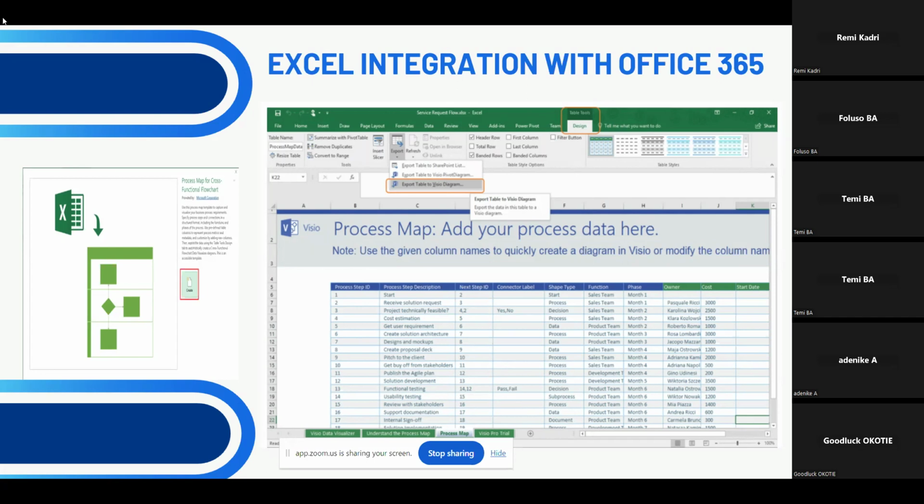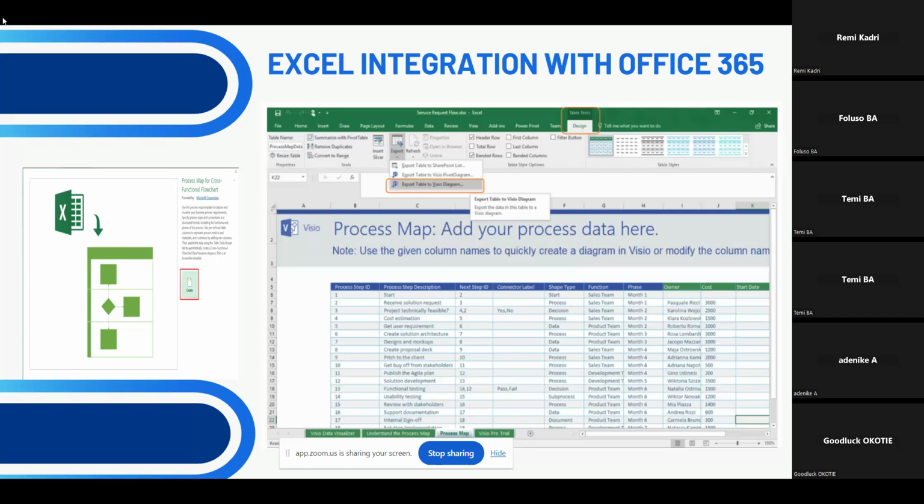Excel, obviously Visio is Microsoft, and Excel, Word, PowerPoint, they're all their products as well. So they've done it in such a way that you can use an Excel template and put in the different steps, and it will create a cross-functional chart, flow chart for you, a cross-functional diagram for you. So it's really awesome.